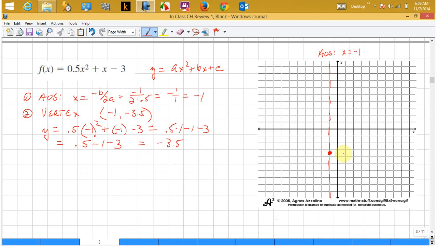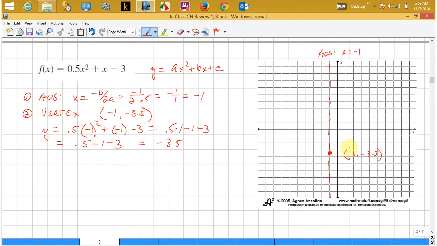We always label our points. Okay, now I need a second point. If I look at this equation, I can see where it's going to cross the y-axis. If I put a 0 in for x, I get negative 3. That would put the point right here, and that's just too close to this other point. I don't get a good view of what the parabola shape is going to look like.